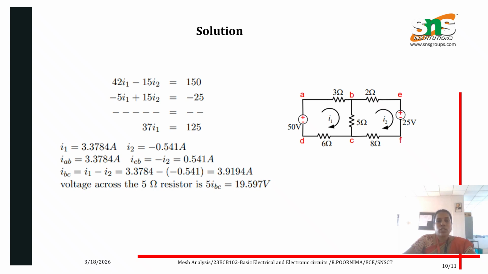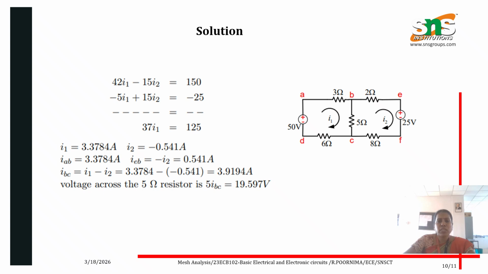For the branch AB, the current flowing through the 3 ohm resistance is the same as I1, so IAB is 3.3 amperes. And IEB is minus I2, since the direction is opposite to I2. So the answer is 0.54 amperes for IEB.